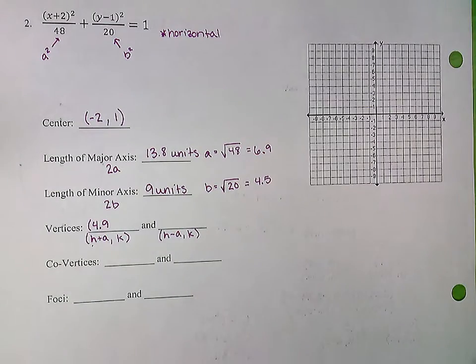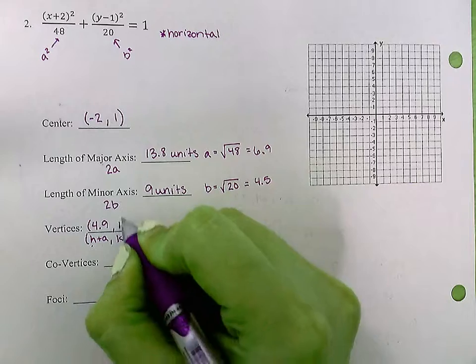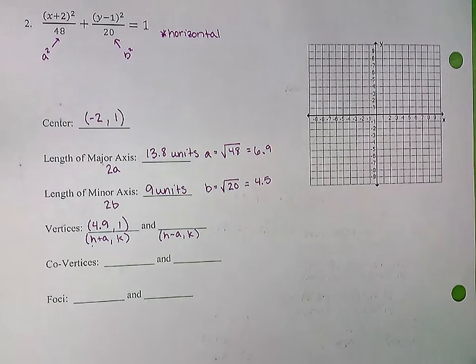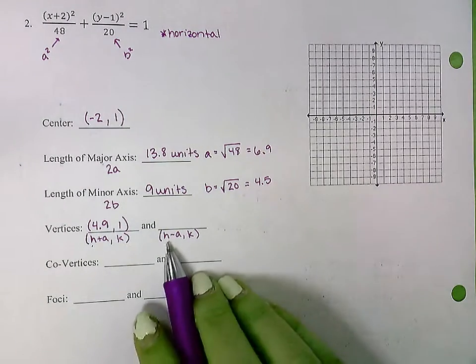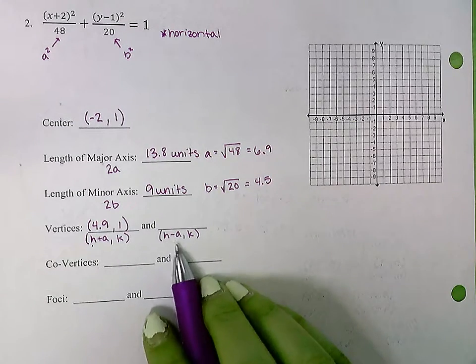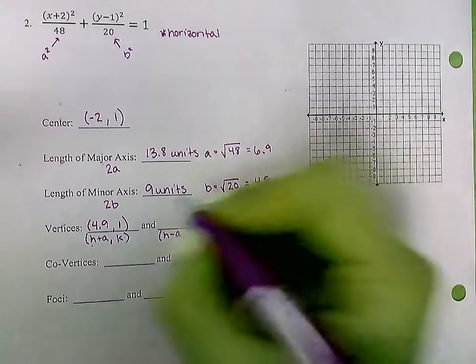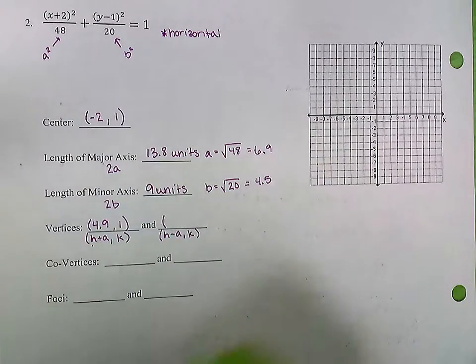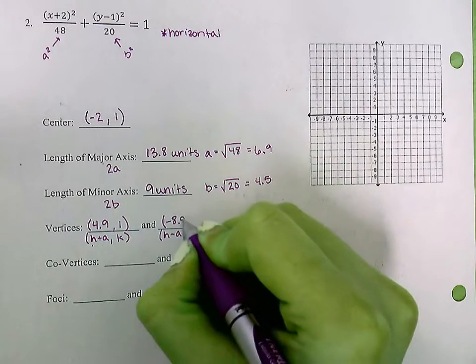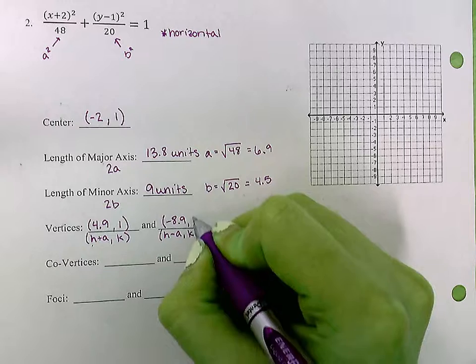That's 4.9, and k stays the same at 1. Then we take our h value, -2, and subtract our a value of 6.9, and you will get -8.9. Again, k will stay the same at 1.